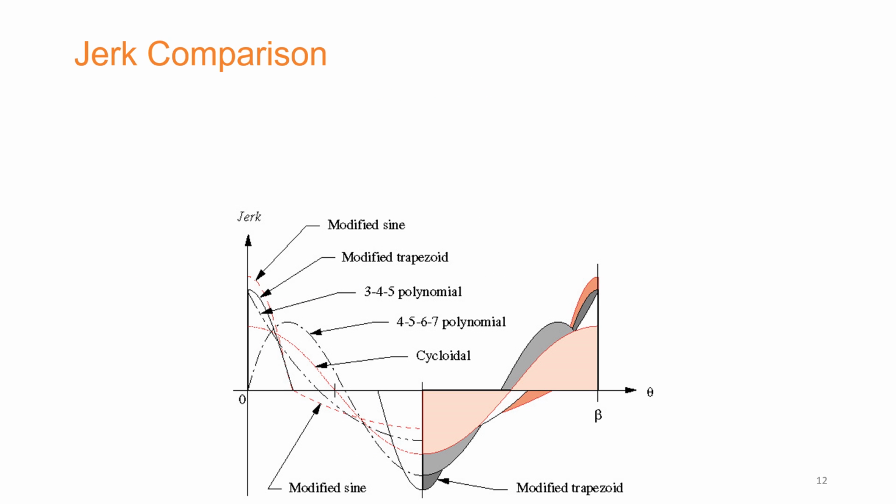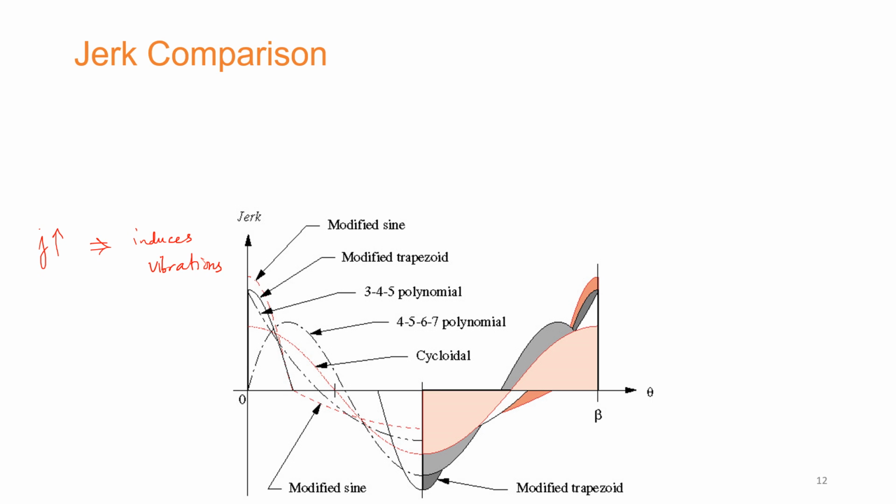In case of jerk as well, it is appropriate to identify what is going to be the ideal scenario. So if jerk is higher, it would mean that there is some adversarial experience given to the follower. It tries to change in a very fast fashion, which would induce vibrations.